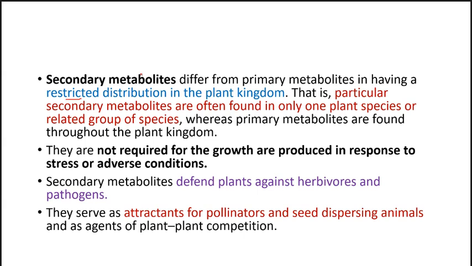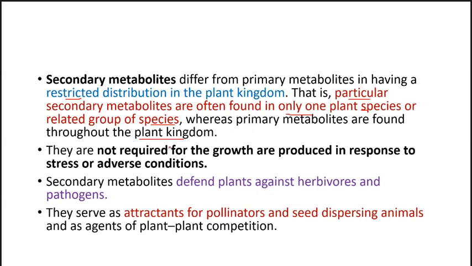Different plants produce different kinds of secondary metabolites to combat the stress. So a particular secondary metabolite is often found in one plant species or a related group of species, but primary metabolites are found throughout the plant kingdom.